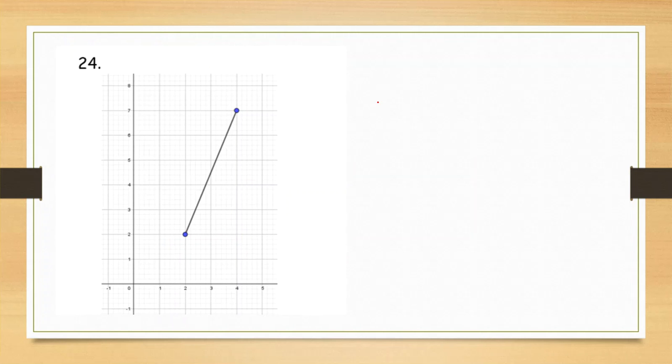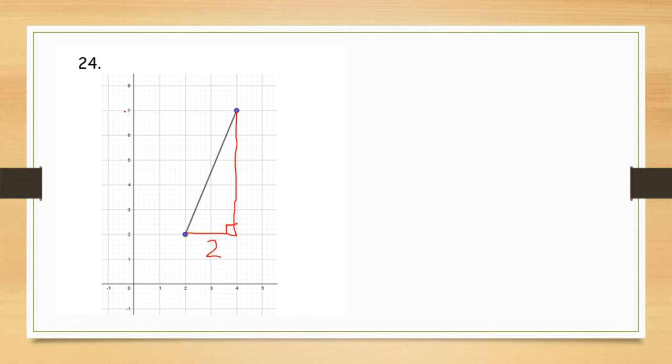Question 24, have a go, pause the video. First step, draw in the right angle triangle. Measure the sides, so 2. So we're going from 2 to 4. You should always check the scale. 1, 2, 3, 4, 5.